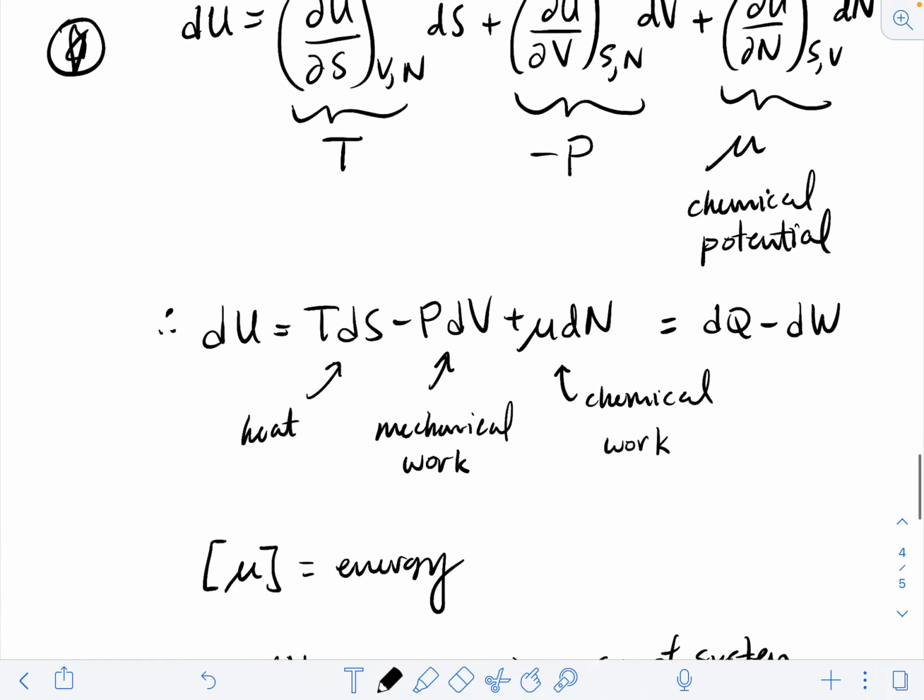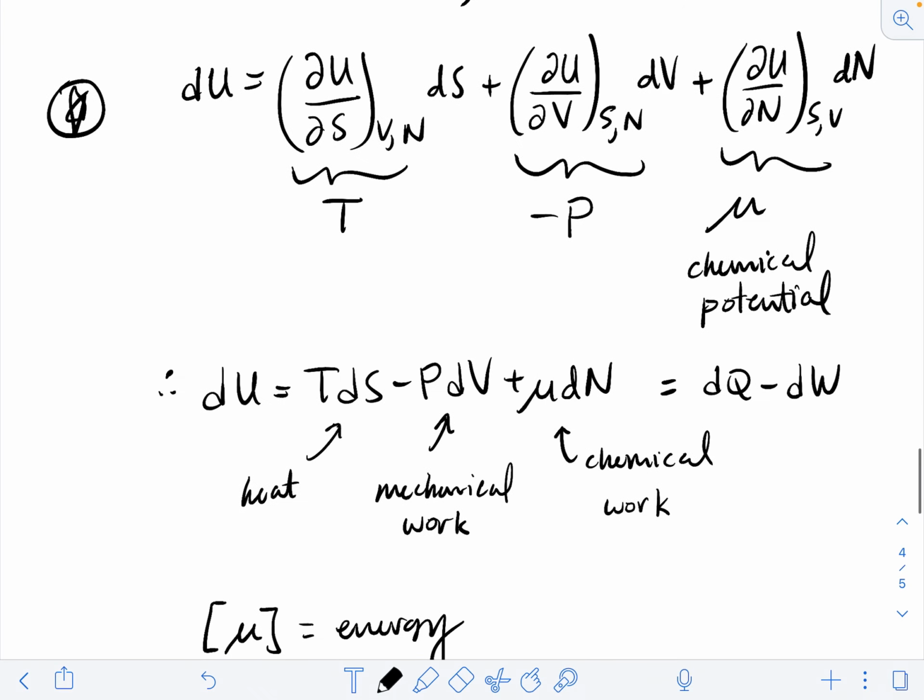Okay, so let's go back and look at this equation star here, and see if we can solve for the chemical potential.